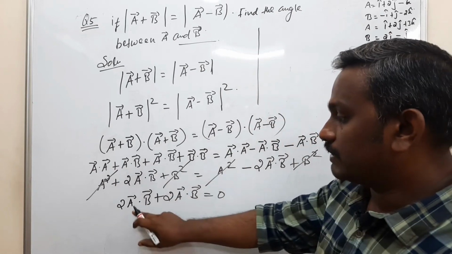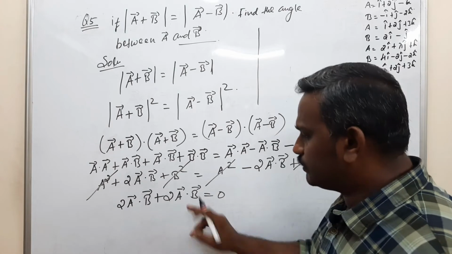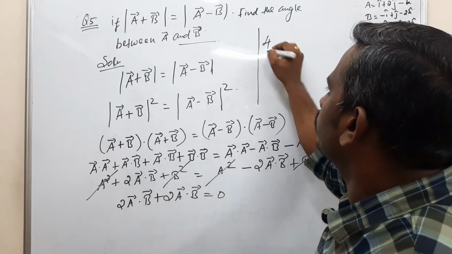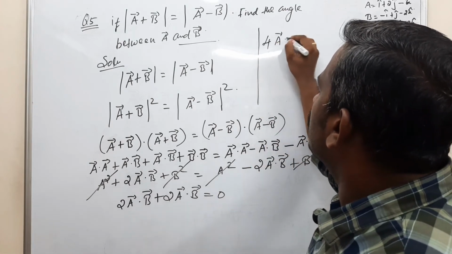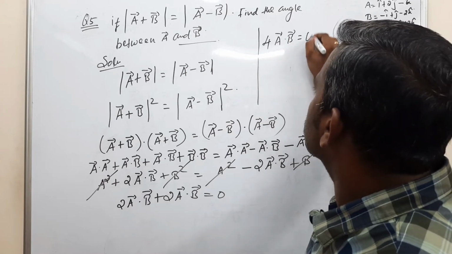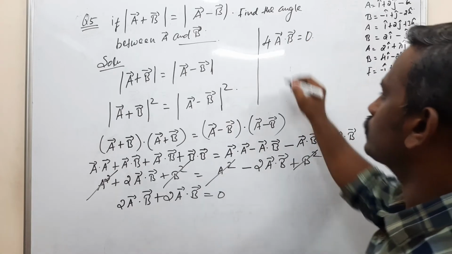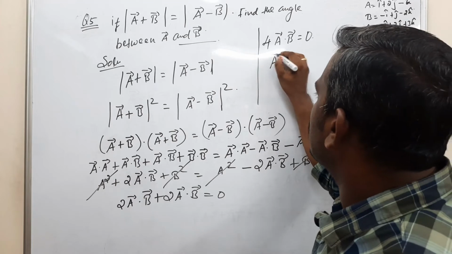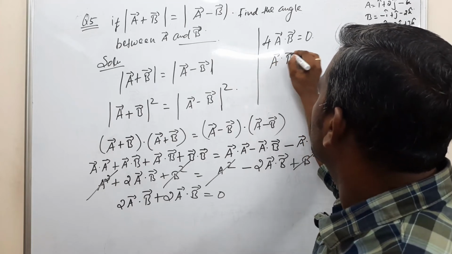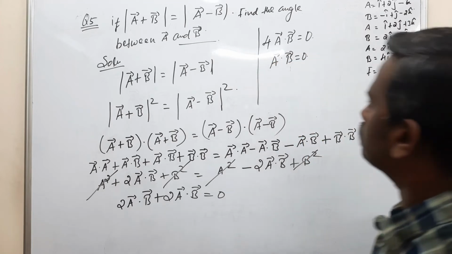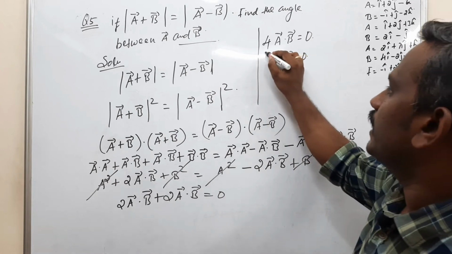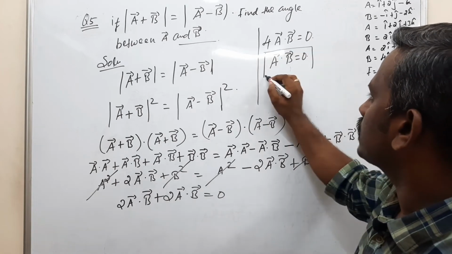So 2 A vector dot B vector plus 2 A vector dot B vector, that is 4 A vector dot B vector, is equal to 0. Therefore A vector dot B vector is equal to 0.